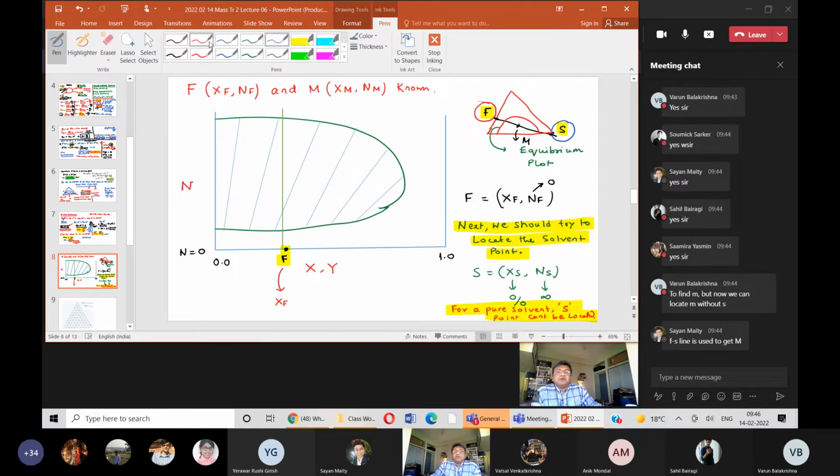I will get back to you on this. So somewhere over here, we are going to have this point xm, nm, yes or no? Why is it going to lie on a vertical line? Because xf is equal to xm. So a vertical line. And nm is known.